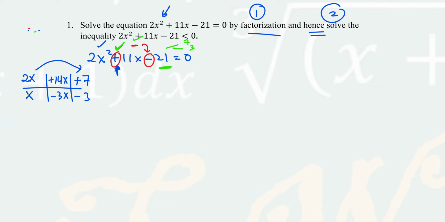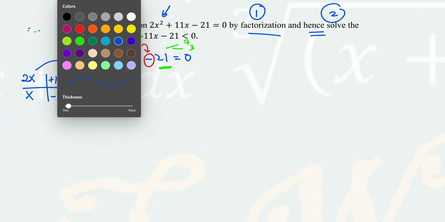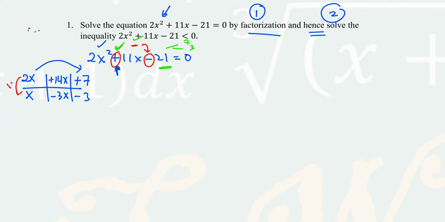You just multiply this part, the last column you multiply, but the middle column you add. So I will be getting 2x times x, 2x squared, plus 14x plus minus 3x, that is plus 11x, plus 7 times minus 3, that is minus 21. So I'm getting back the same three terms.